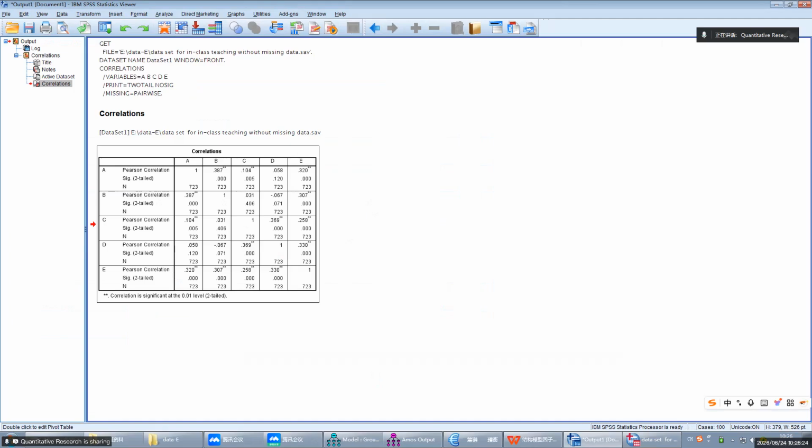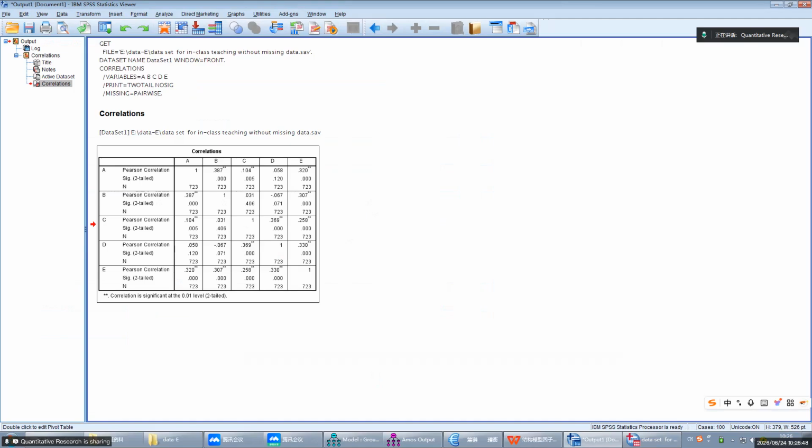But what's the result? So the square root is 0.67. It's much larger than all these correlations, right? So no problem with square root of AVE.